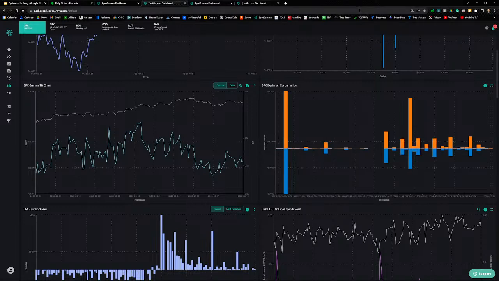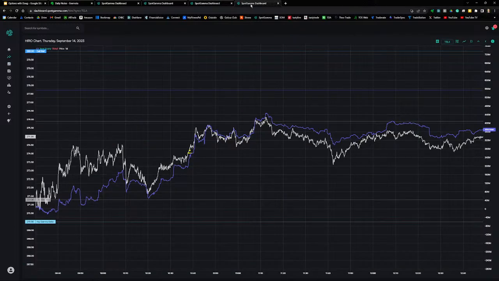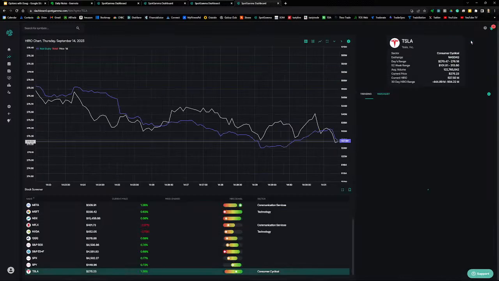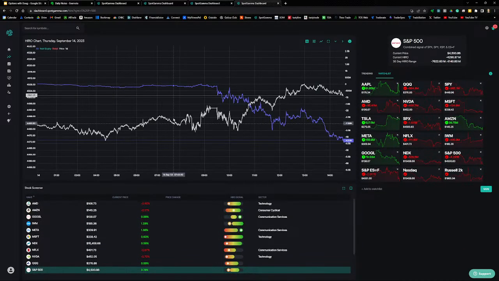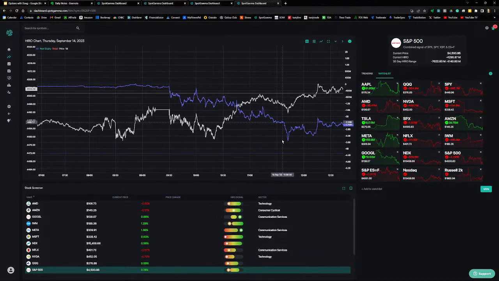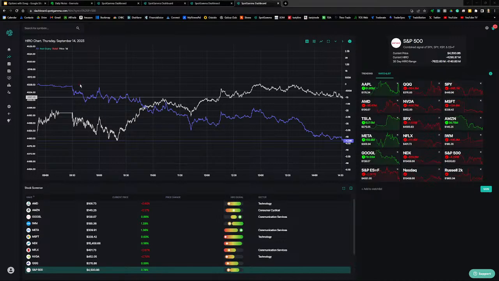All right, so there you go. There are your gamma unwind candidates, at least the ones that are on my watch list. All right, let's take a quick look at the indices, S&P 500 and Nasdaq. So the negative delta pressure from options traders continues for the S&P 500.